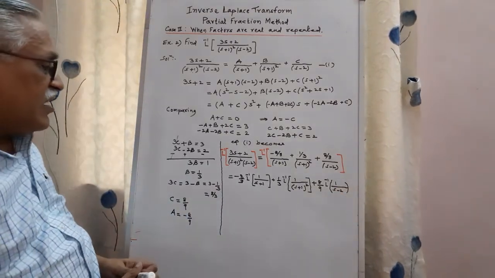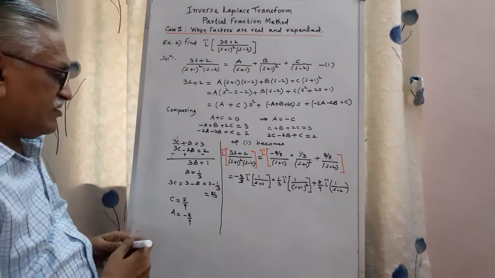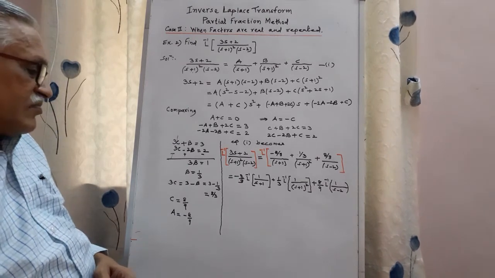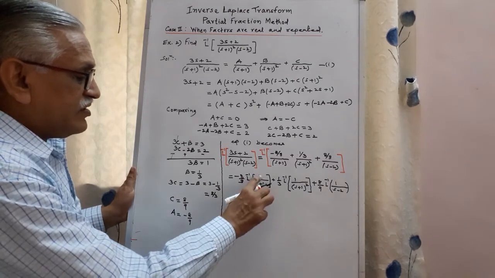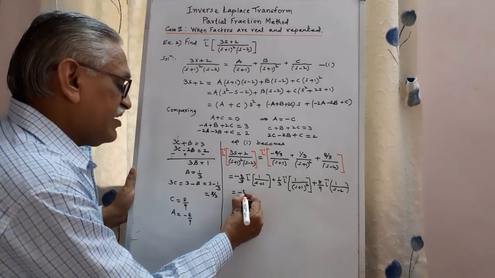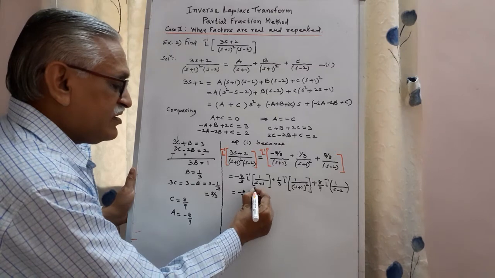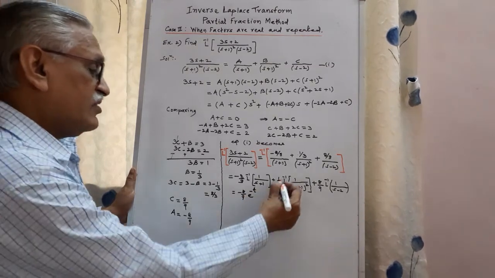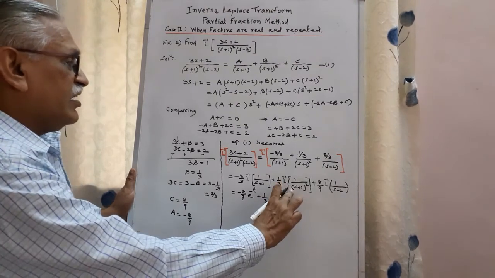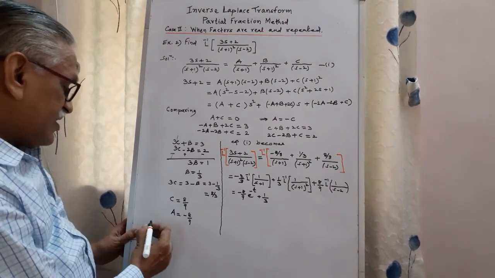Okay, and then using the standard results. Here 1 upon s plus a, its inverse is e raised to minus at. Therefore, it is minus 8 by 9 e raised to minus at. A is 1. Therefore, e raised to minus t. Then 1 by 3. Inverse for this, that standard result, I will write down here.